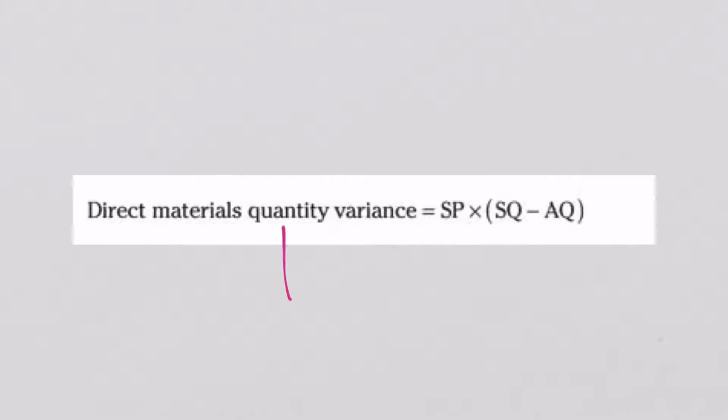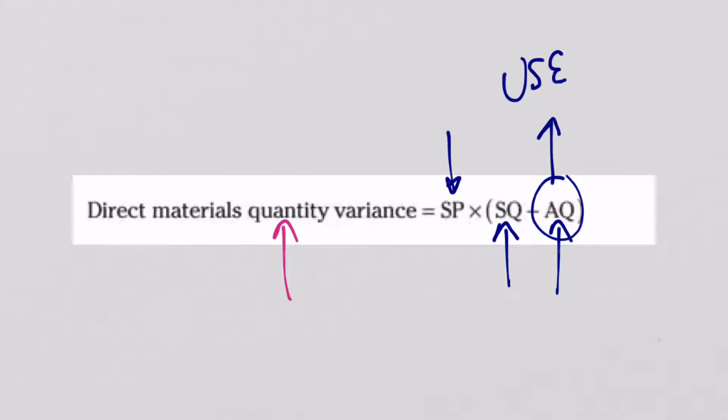Then you go to the materials quantity variance, and here what you're doing is taking the standard price, as determined in the standard costing part of the work done for the budget, times the difference between the expected quantity, the standard quantity, versus the actual quantity, and in this case, that is the amount used.